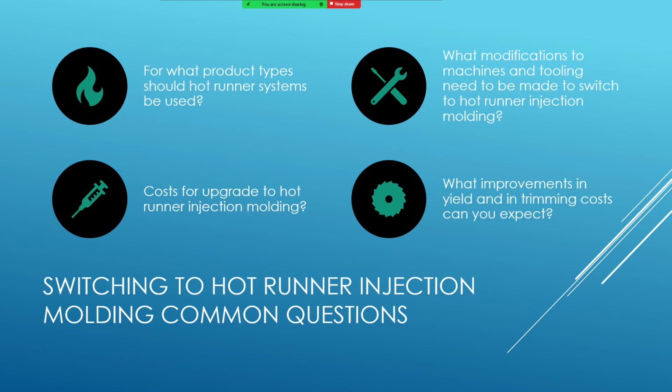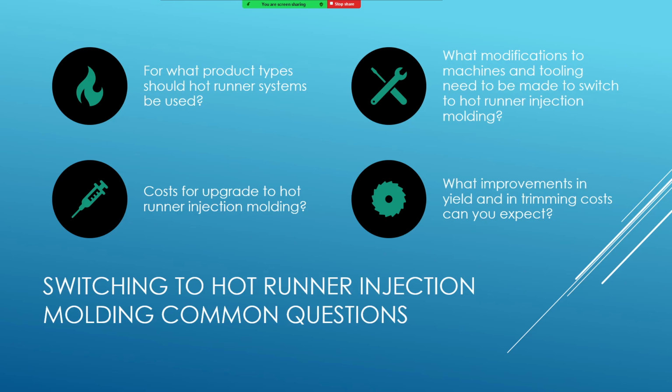There is a very short cycle time in hot runner injection molding machines, so you would be able to produce a lot more parts. So you would need fewer machines to create the same amount of product. So that is another trimming cost.